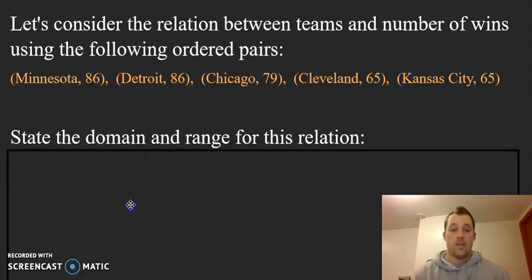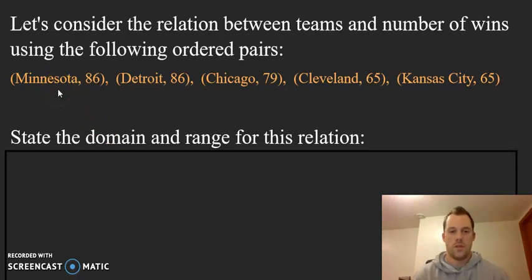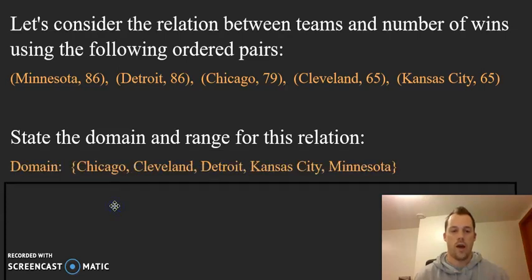So then if we want to state the domain and range for this relation, well, this is not continuous. There's 5 distinct points. So our domain, we have to list out all the values in our domain. And again, it's not numerical, so we want to go in alphabetical order. So we use our squiggly brackets and we just list out our 5 teams.